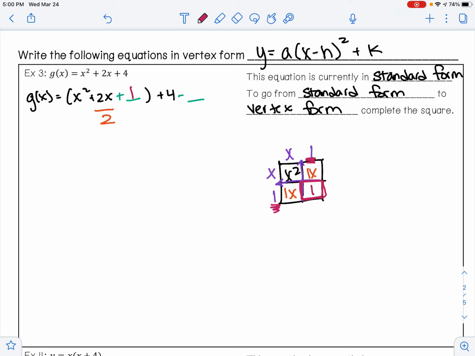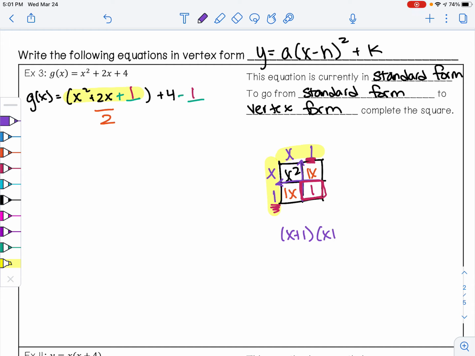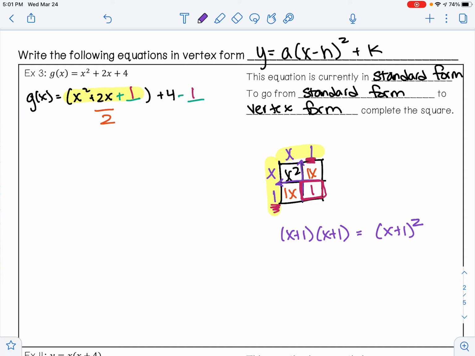So it's going to be the number that I add to the inside of my parentheses and I subtract on the outside of the parentheses. We have just factored x squared plus 2x plus 1. And when we factored it, we got x plus 1 times x plus 1. X plus 1 times x plus 1 can also be written as x plus 1 squared.